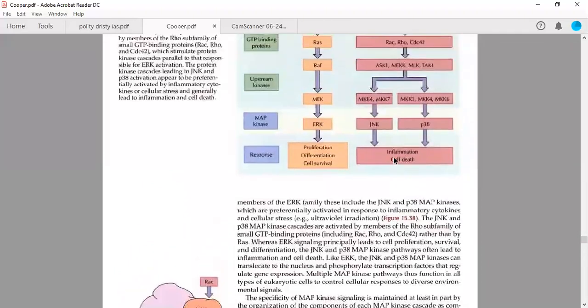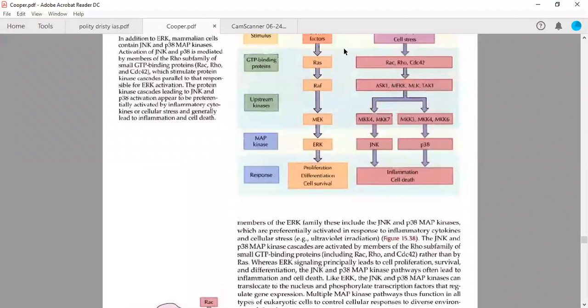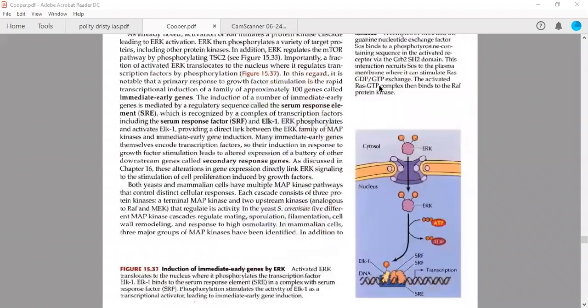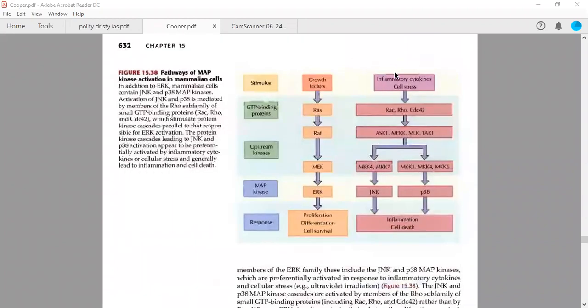So under the control of RAC, I'm annotating, meaning I'm highlighting these proteins. See here, sorry, it's very sensitive.